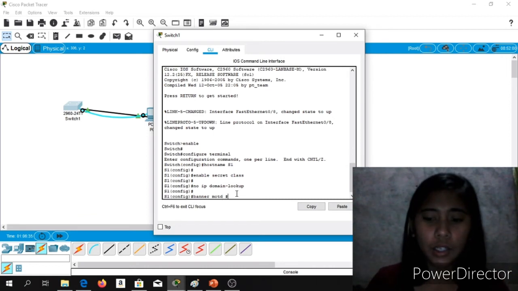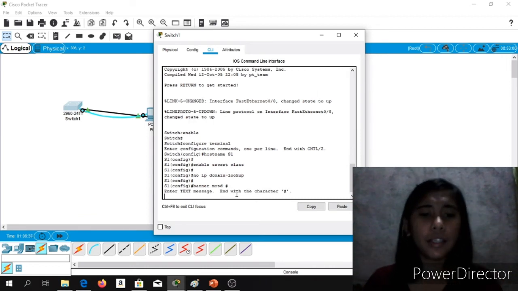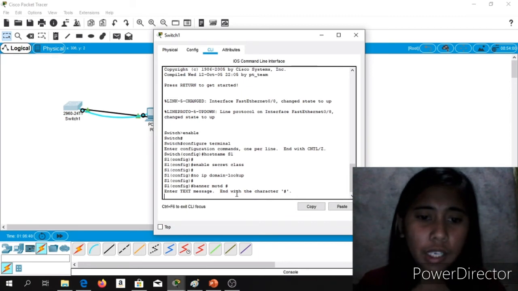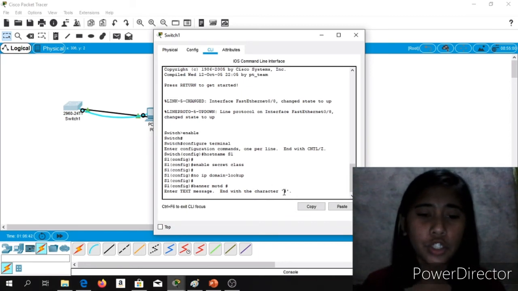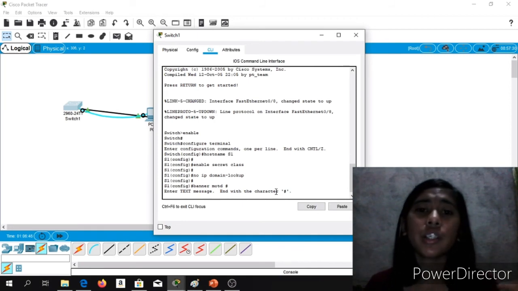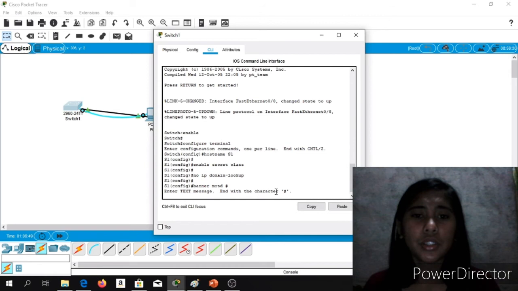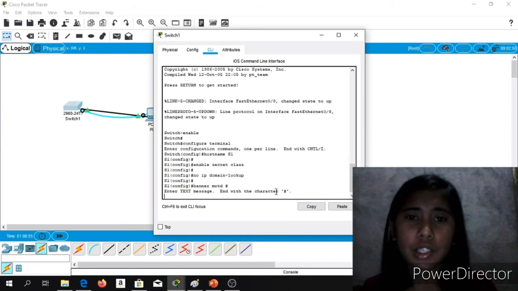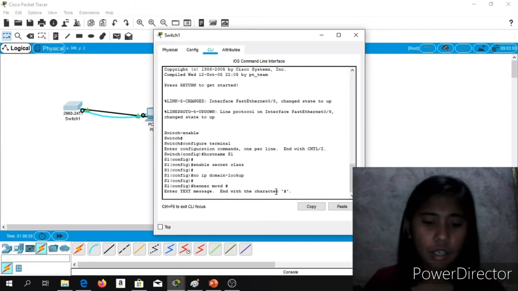We'll input a hashtag, and then enter a text message ending with the character hashtag. It is very important to enter some text, because it is: unauthorized access is strictly prohibited.